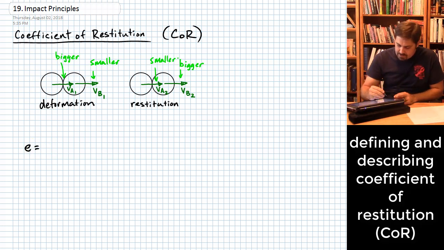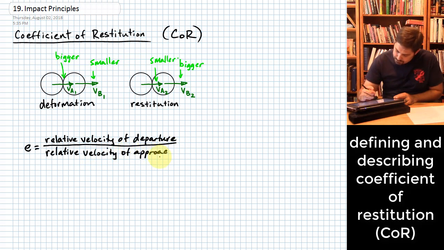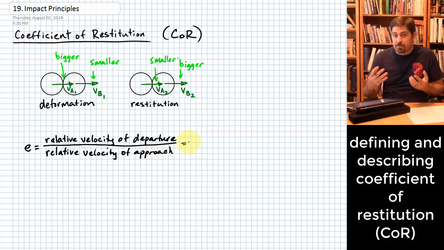What this is, is the relative velocity of departure over the relative velocity of approach. That's conceptually what we're talking about.